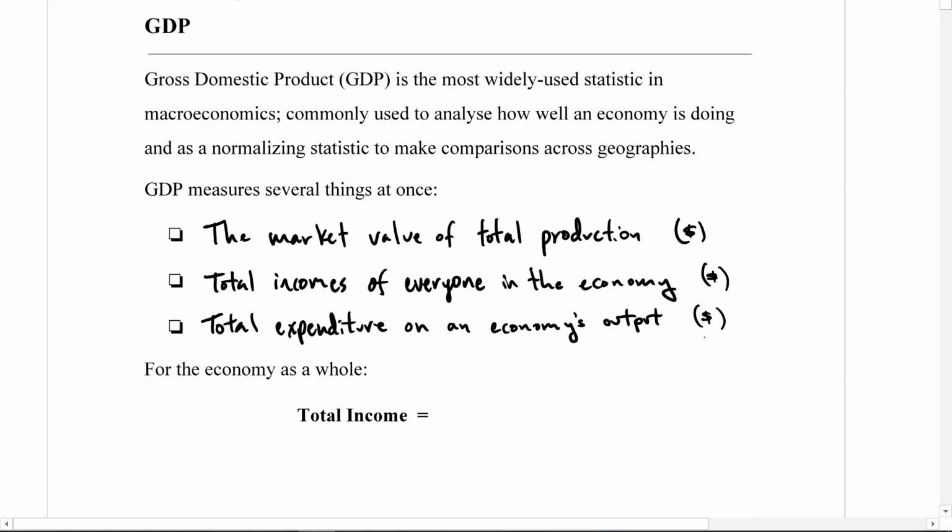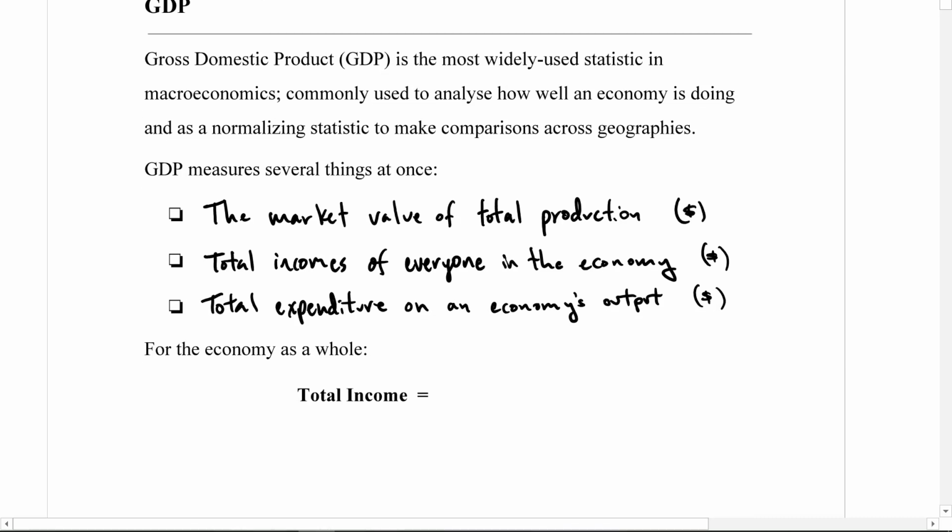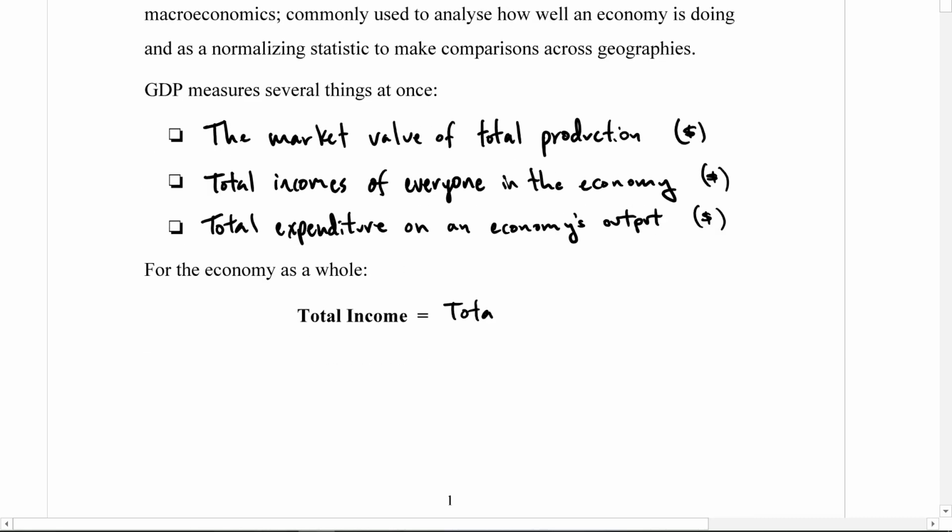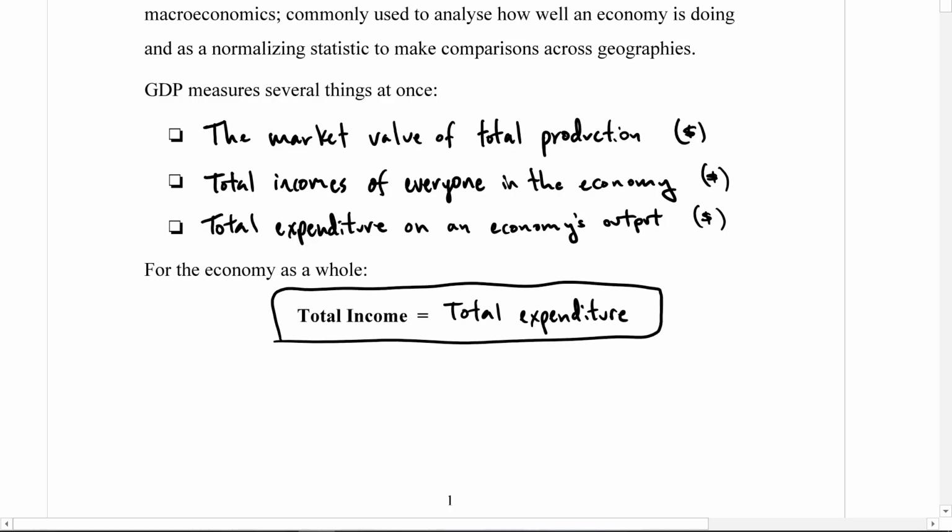And if we're simplifying a bit to a single large country or macro economy, we can generally think of total income being equal to total expenditure. So although at an individual level, your income may be different than how much you spend, if you save that and that gets loaned out to somebody else who is doing that spending, and so if you aggregate this up to a countrywide level, then total income is going to be more roughly equal to total expenditure.